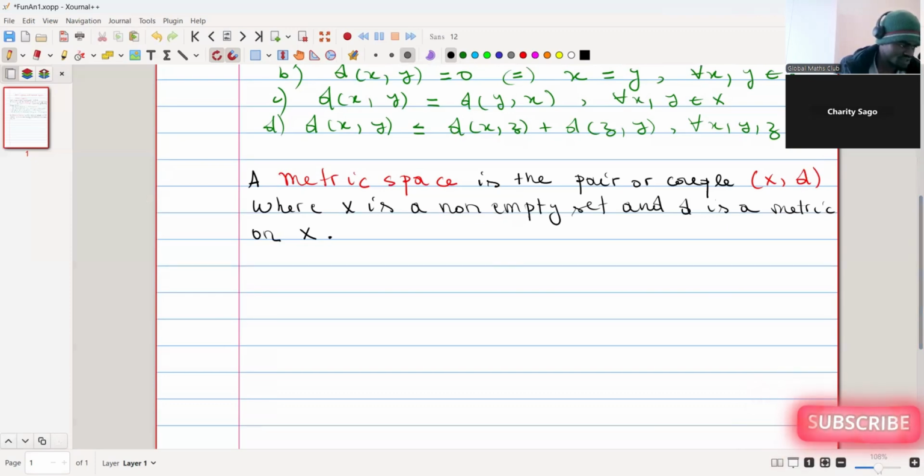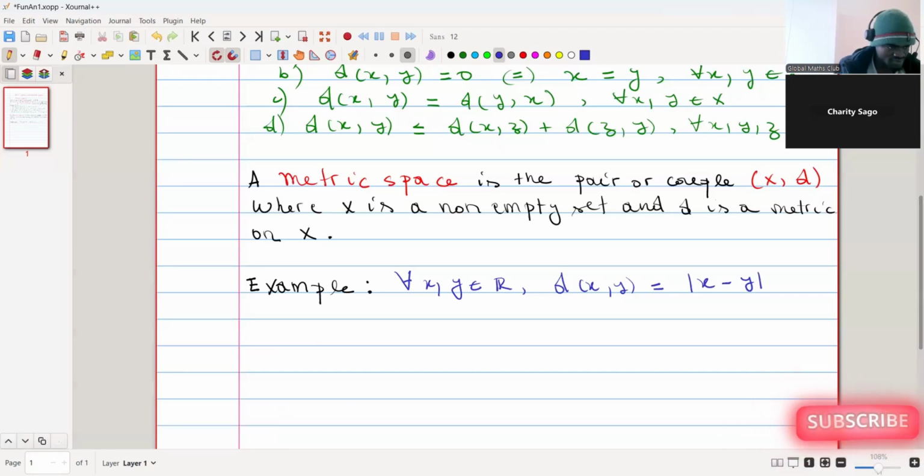Yes. Now, examples. For all x and y in R, the absolute value of x minus y is a distance on R. So this is very easy and we can show it if you don't know it very well.